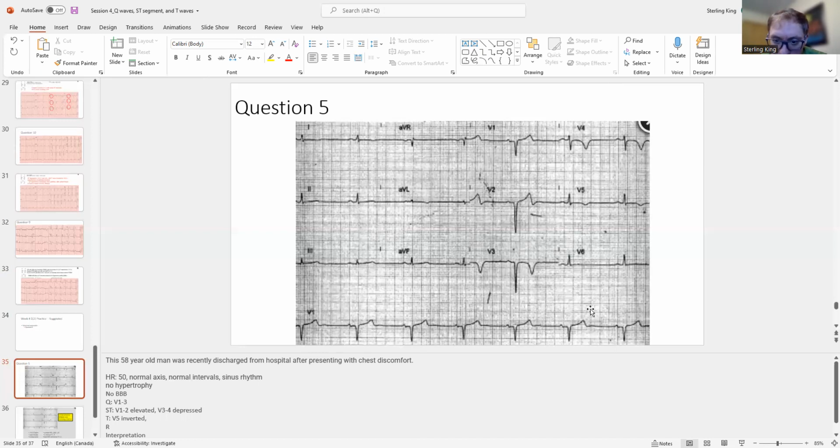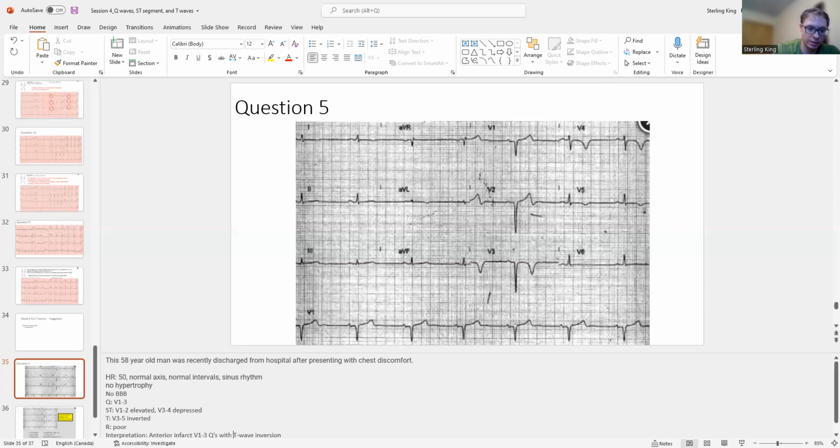Inverted V3 through V5. So V3 through 5 inverted. R wave progression, poor. Interpretation looks like anterior infarct, V1 through 3 Qs with T wave inversion.